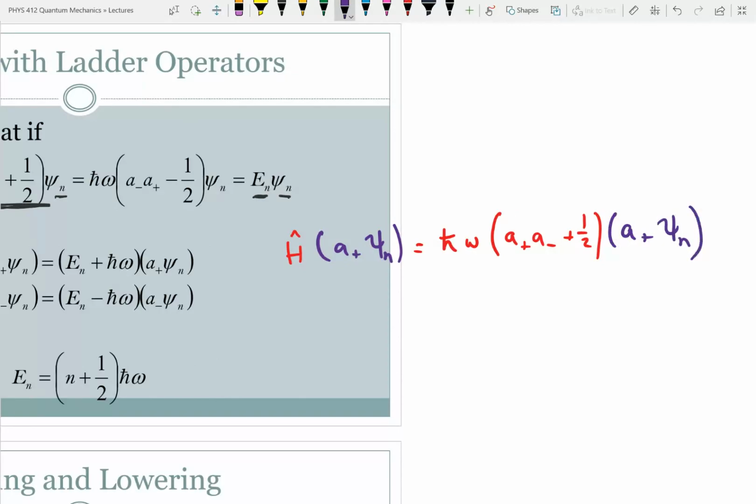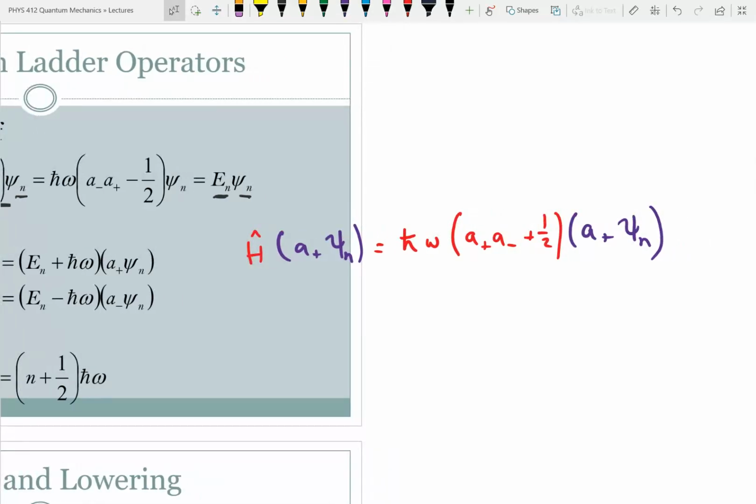Okay, so there I've replaced the Hamiltonian with the Hamiltonian using the raising and lowering operators. And I chose the form that had the a plus a minus, so that the second one is the opposite of what I had in my psi.